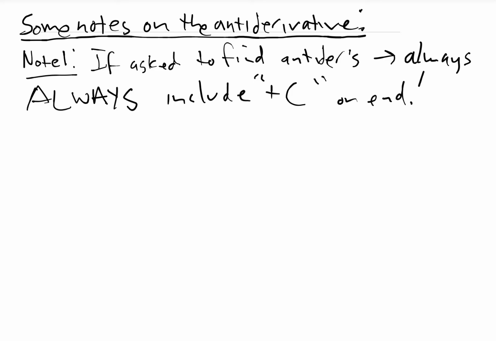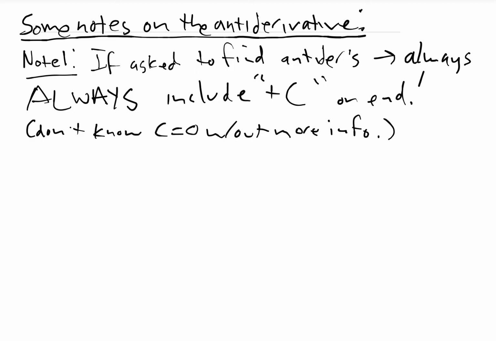Every time. The reason being, unless you are given any more information, you can't guarantee that c is 0, right? We don't know that c is 0 without more information, or unless we are specifically told that it's 0.